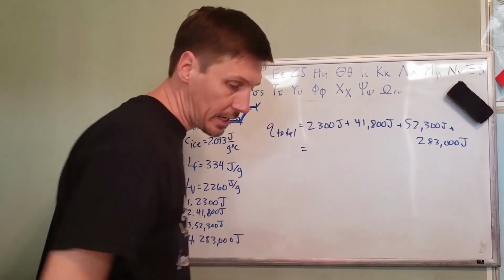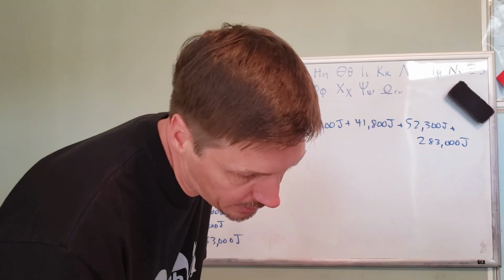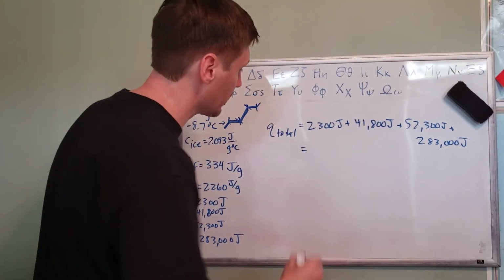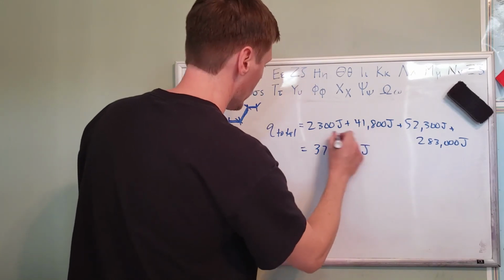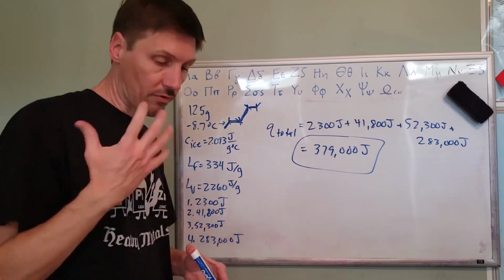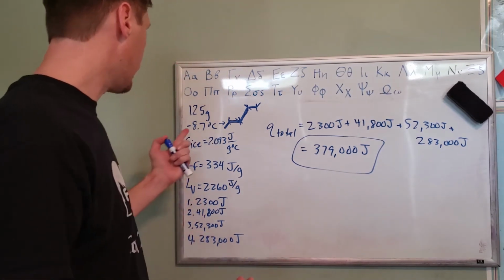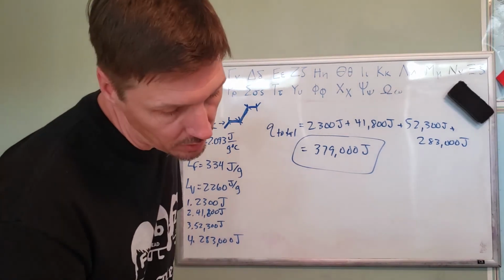All right, and so if we take precision into account, which we technically should, as we're adding all these up, we get a final value of 379,000 joules. That was how much energy was required for it to go from that frozen state at negative 8.7 degrees Celsius all the way to vaporization.